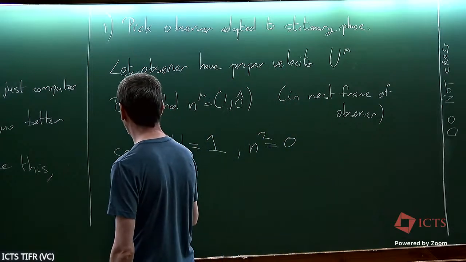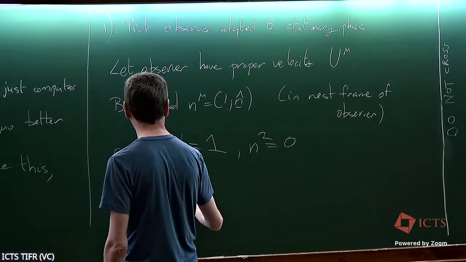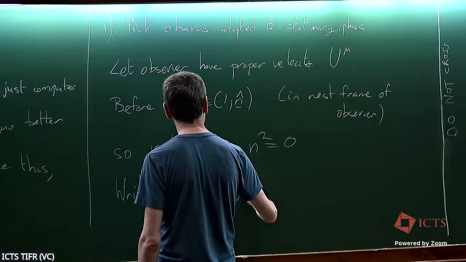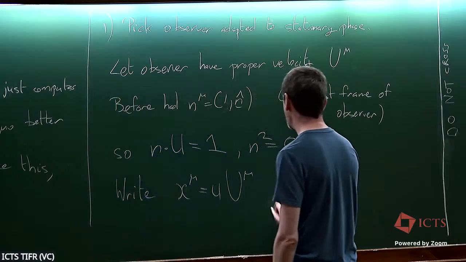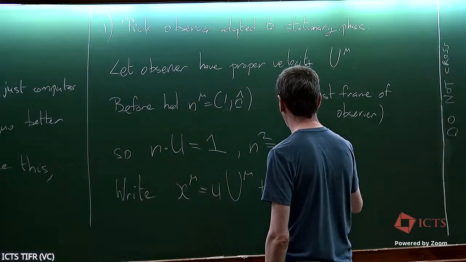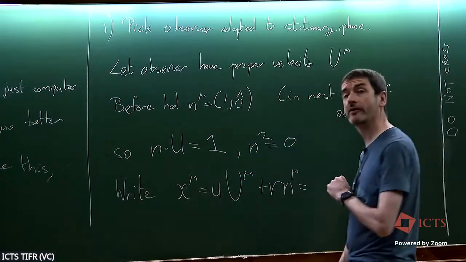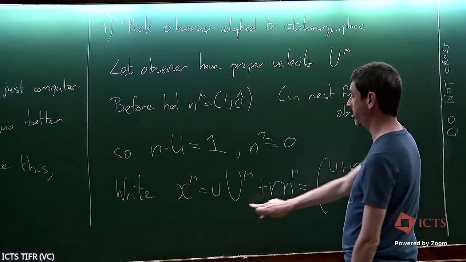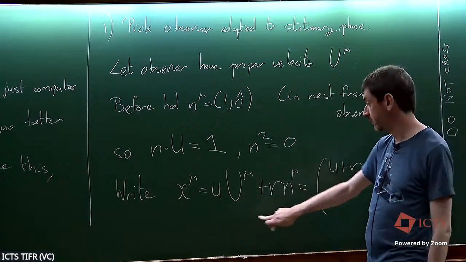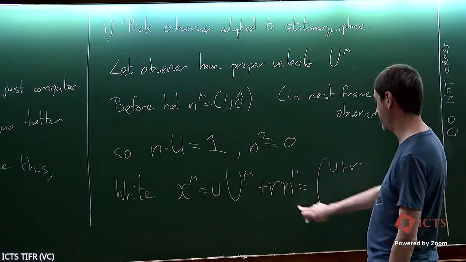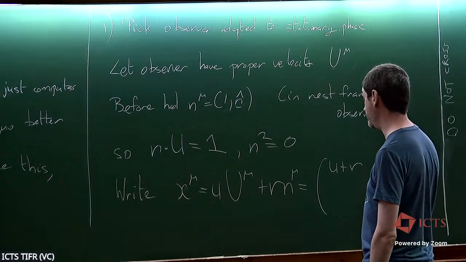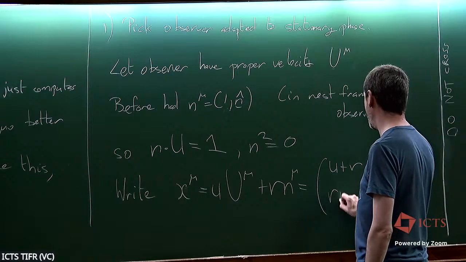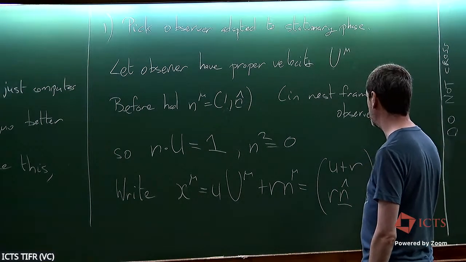So we'll write the coordinates as x mu equals some coefficient little u, u mu, plus the radial distance r n mu. Now, in the rest frame of the observer, this would look like u plus r, because in the rest frame u is 1, 0, 0, 0, and n is 1 comma n hat. So you'd have u plus r in the 0 component. On the spatial components, you'll have r times n hat.